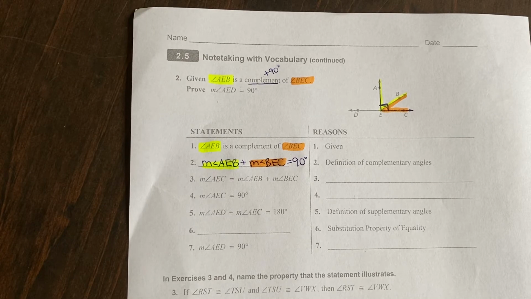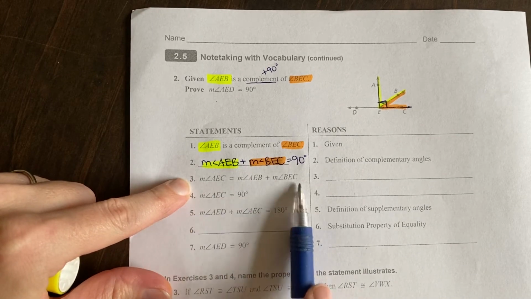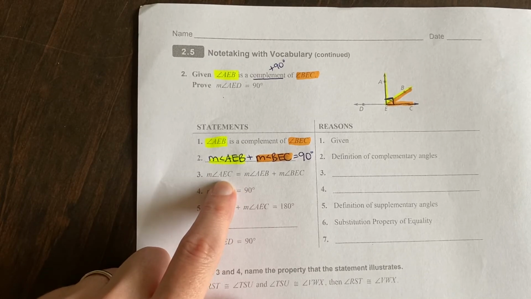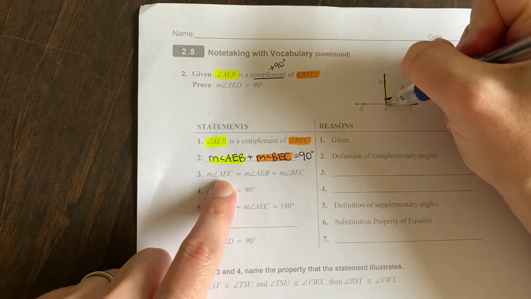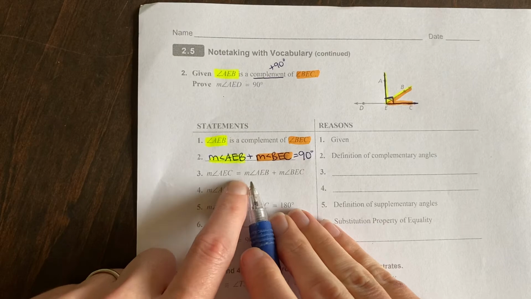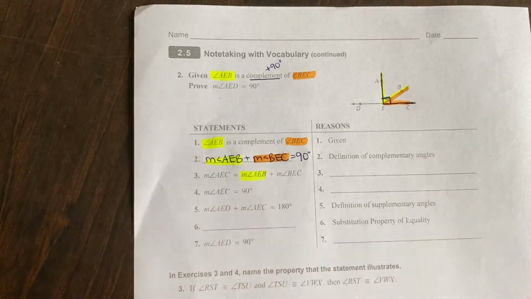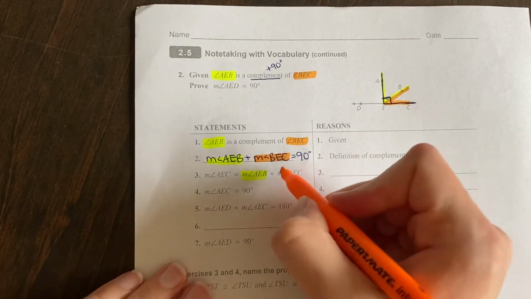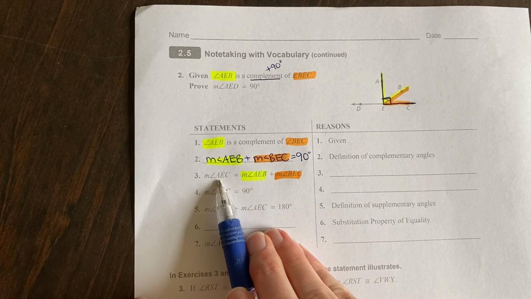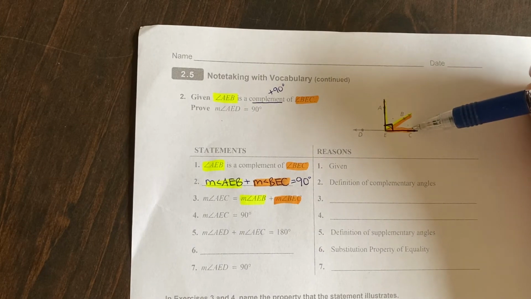All right, so now we're headed to statement 3. We've got to figure out how they came up with this statement. It says the measure of angle AEC, that's this angle here, is equal to the measure of angle AEB, there's my yellow, and BEC. This looks a lot like a part plus a part equals a whole.